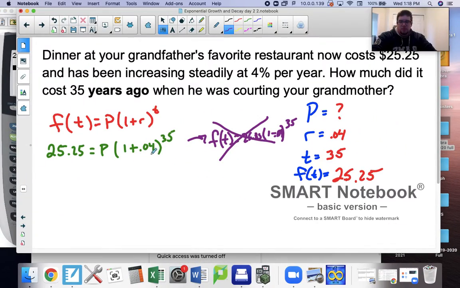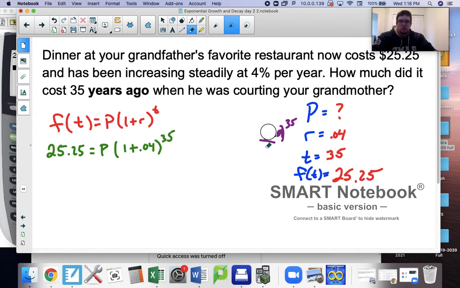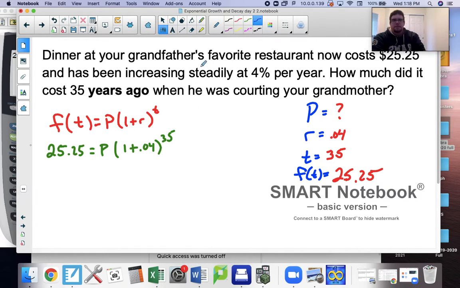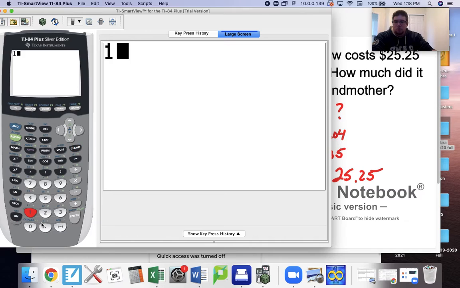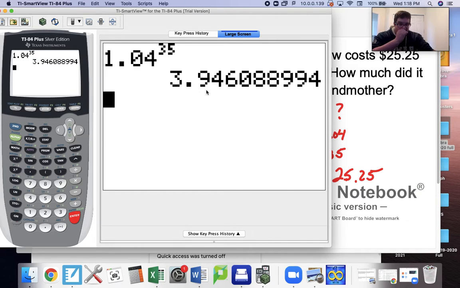So if we set up this one, we're going to solve for P. We've set up our equation. We're going to take 1 plus 0.04 to the 35th power. 1.04 to the 35th power gives me 3.95.